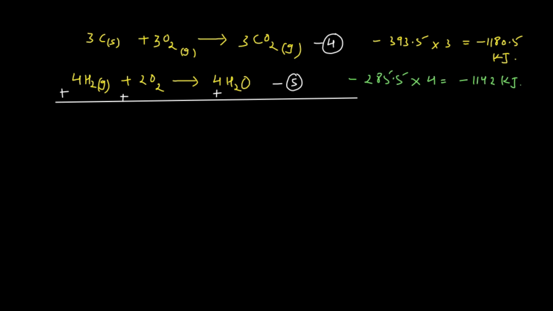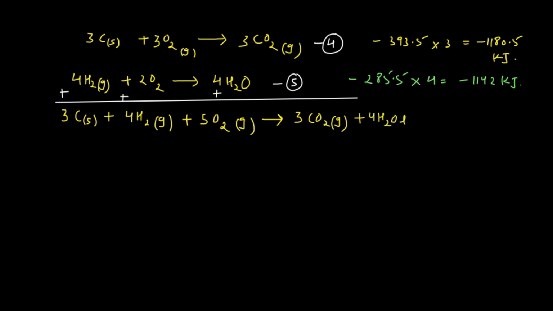Okay, and then you will have your 3 of the carbon in the solid state plus 4 of the H2 in the gaseous state, plus 5 of the oxygen in the gaseous state, and this will form 3 of the CO2 in the gaseous form, and then 4 of the water molecule in the liquid form.